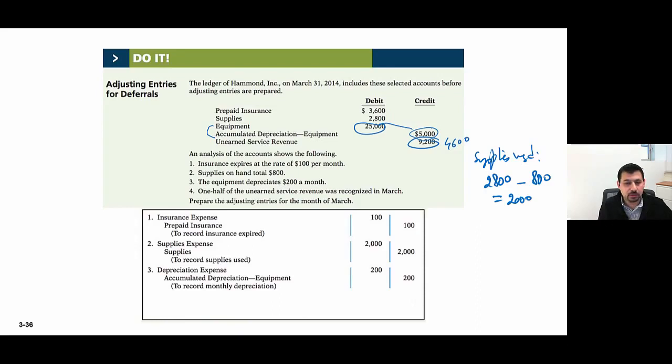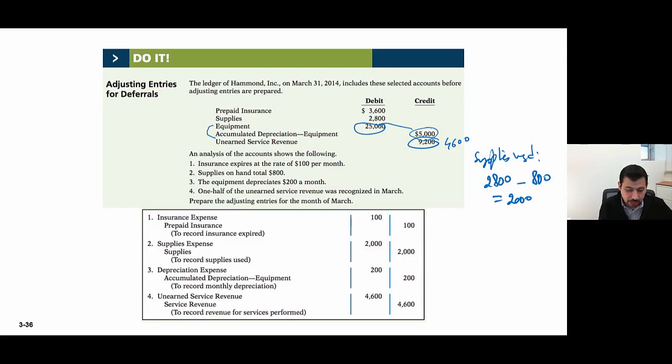And at this point, the company has earned those revenues, and as a result, we debit unearned service revenue, because when you say unearned service revenue, it means that it was already paid before. So the company is not receiving cash. The company is simply earning the money that they have already received.